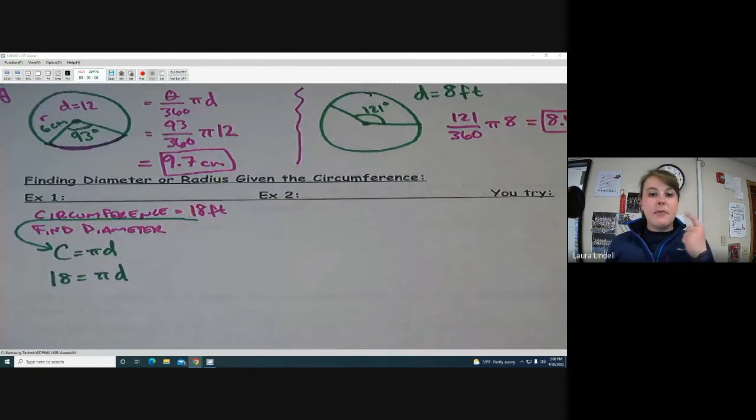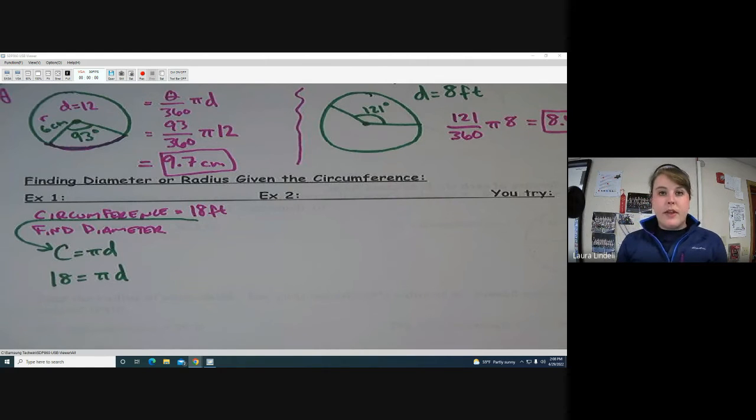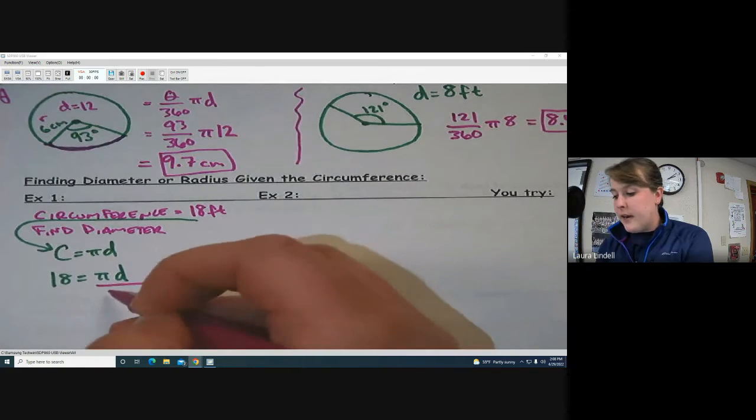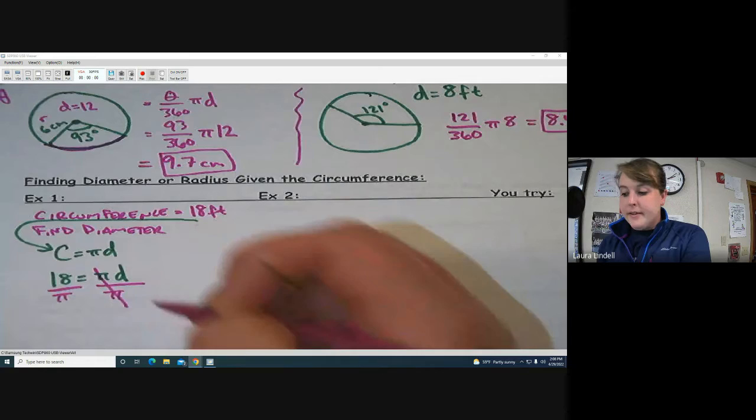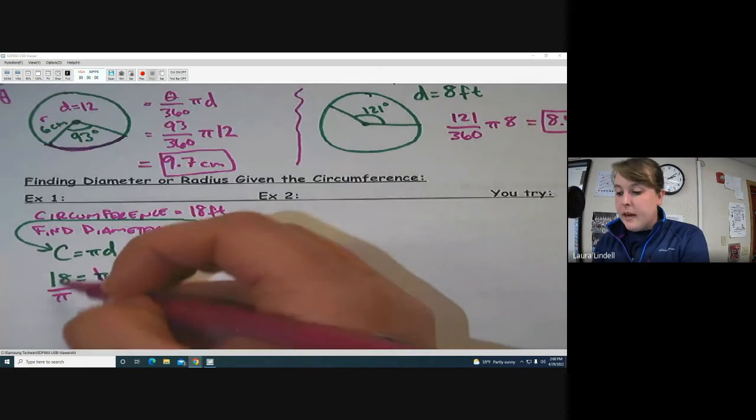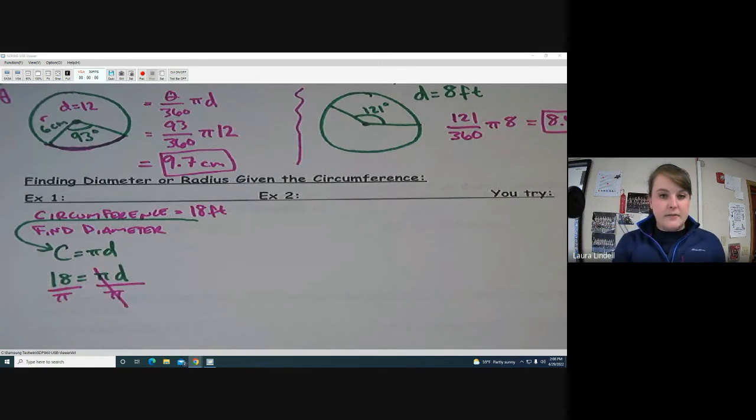Then we have to remember that pi is just like a real regular number. It's 3.1415, a whole bunch of other numbers. And so when I'm working with it in an equation, we're going to use it like a real number. So I'm going to divide by pi on both sides to get diameter by itself. So into my calculator, I'm going to type 18 divided by pi.